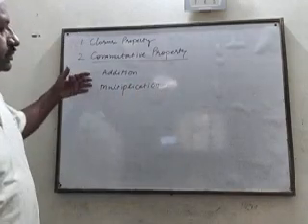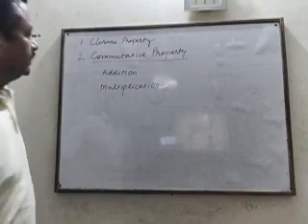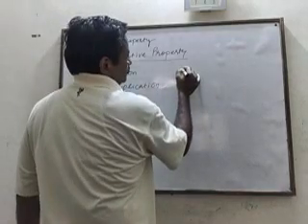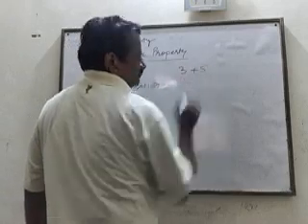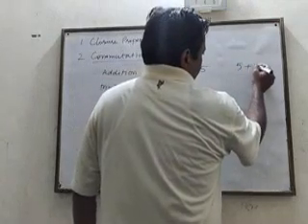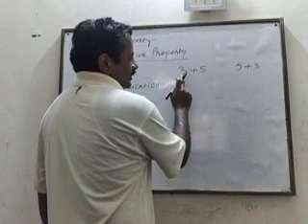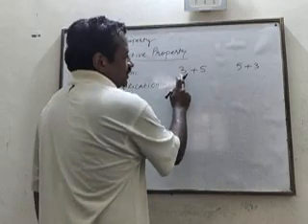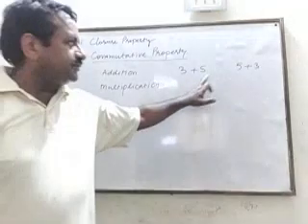Because now in case of integers, suppose 3 plus 5, the answer will be the same as 5 plus 3. You have changed the seats. On this side, 3 is at the first place, 5 at the second place.